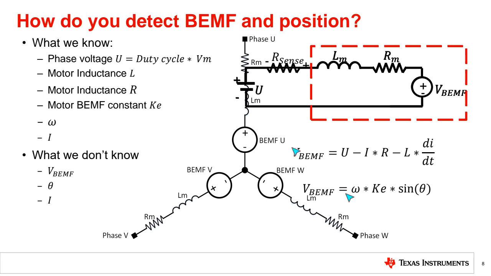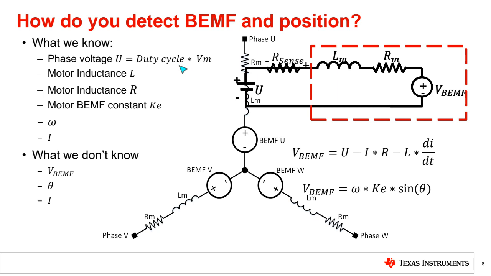Actually, what we know is the phase voltage. Phase voltage means that we have a battery or supply voltage, Vm. For example, you have an electric vehicle, you have a battery, your battery voltage is, for example, 200 volt.